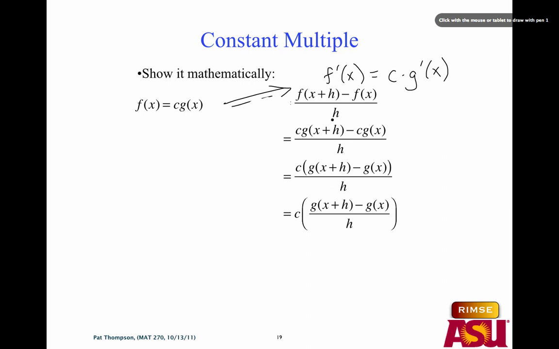So then if I think about letting h go to 0, this top expression becomes the rate of change of f with respect to x, and this bottom expression, as h goes to 0, becomes c times the rate of change of g.